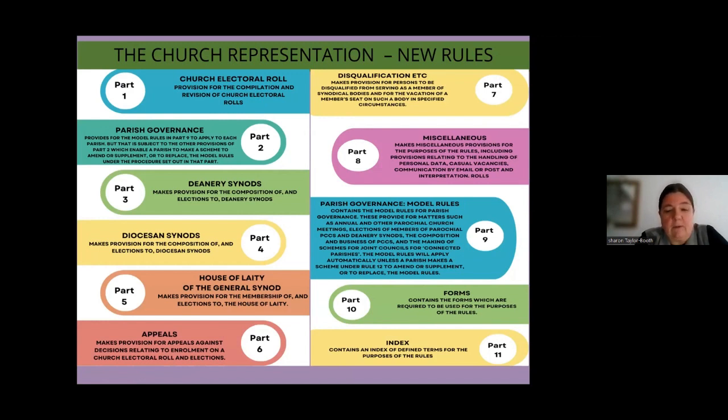Part 3 will tell you everything that you need to know about deanery synods, and Part 4, diocesan synods. Part 5 tells you about House of Laity, General Synod. Part 6, appeals. Part 7 will talk about disqualifications. Everything that you need to know. Number 8, obviously, we've always got a miscellaneous part, haven't we? So that tells you everything that wasn't captured anywhere else.